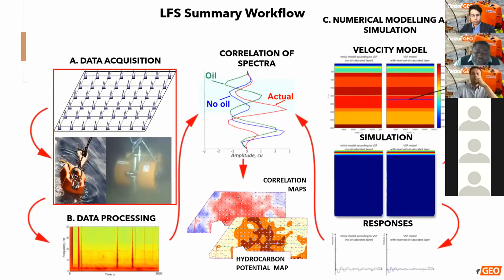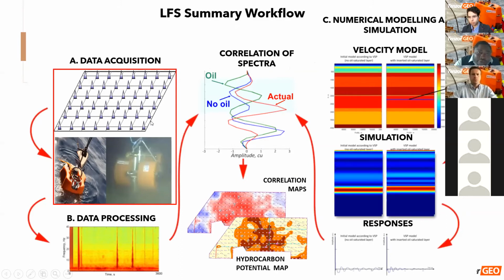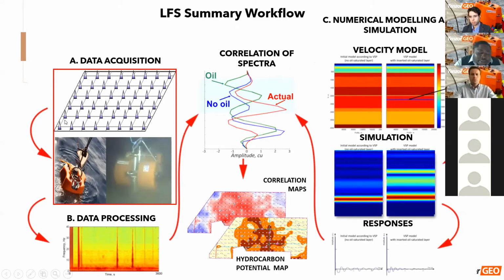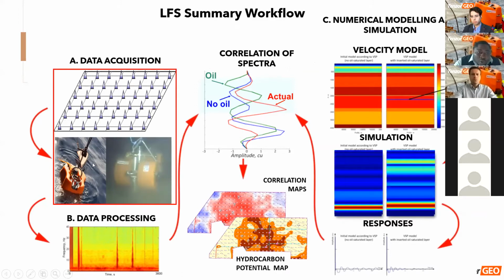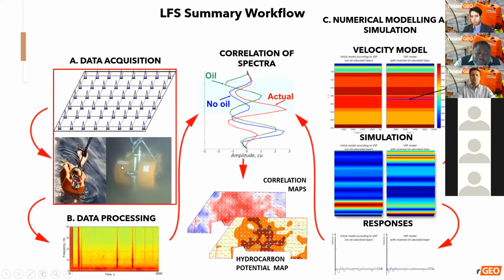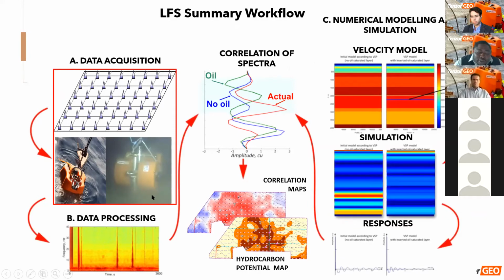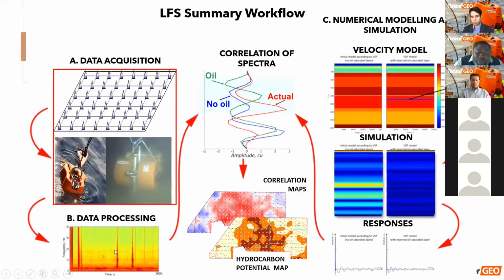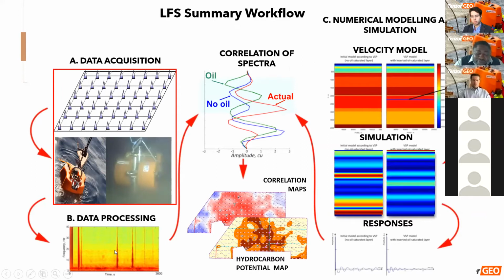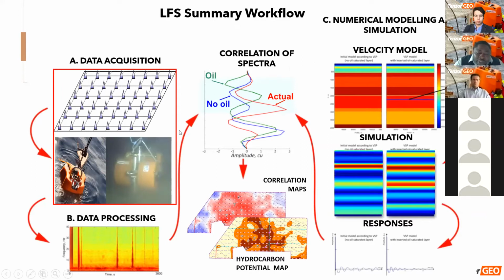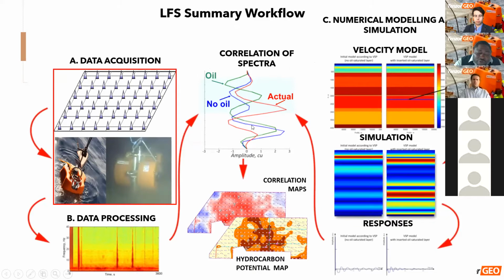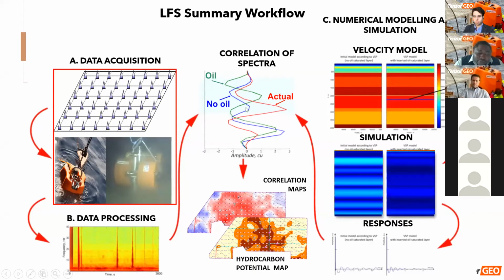Now, I'll summarize the workflow with this diagram. Here we start with the acquisition, design, and data plan. So we would first design a grid for the field, depending on the grid size. Then we would deploy these ocean bottom seismometers here. We will now process the data which we've acquired to filter noise, such as the Schulte waves. The result of this will be an actual spectral curve of vertically directed P waves by Z component.